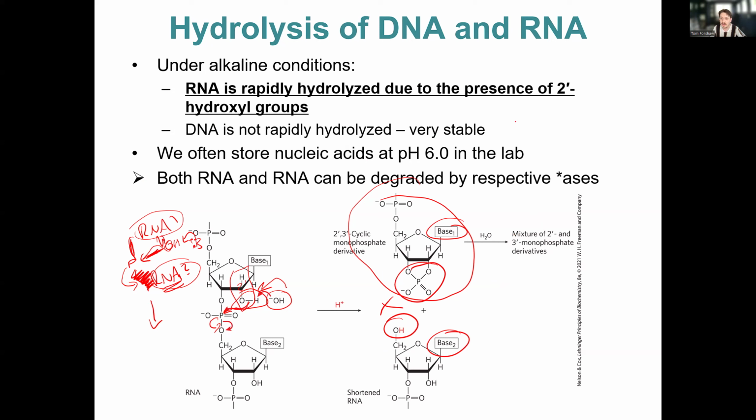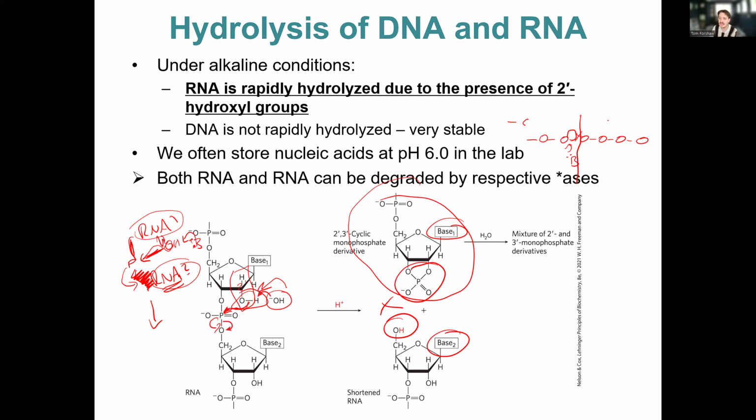So if you have a chain of RNA, where one of these circles is an RNA base, and a base comes along, it will attack, and then this will cyclize with itself, break the bond, cause a cleavage in the RNA, and then you get degradation of RNA.